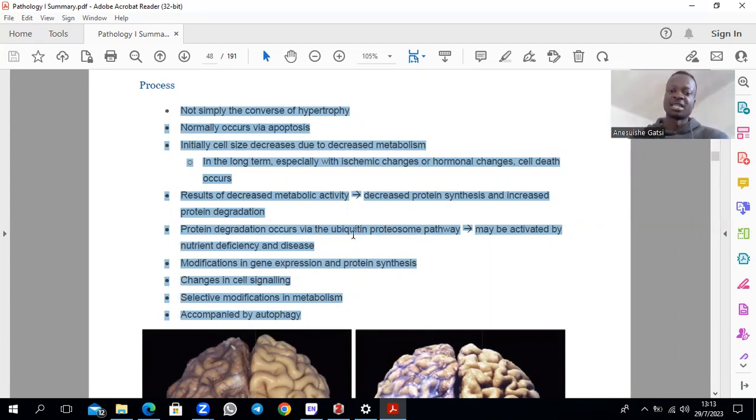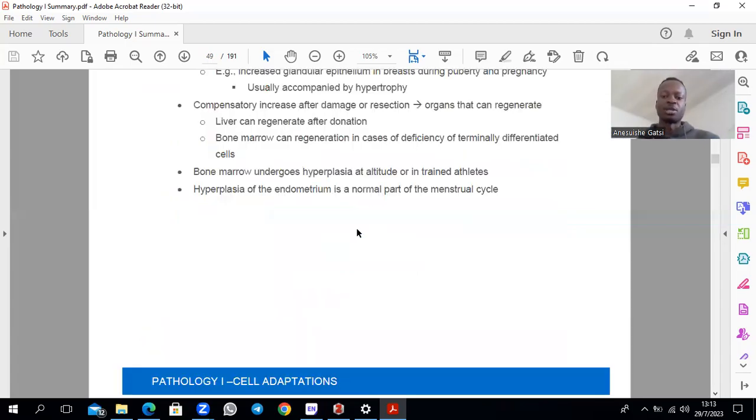And when you activate this ubiquitin proteasome pathway by nutrient deficiency or disease, this can lead to an increase in protein degradation, right? And when you have things like disuse of a muscle, you simply activate these ubiquitin ligases that are going to destroy whatever you want to destroy. That's the basic mechanism in which these things come about. Right.